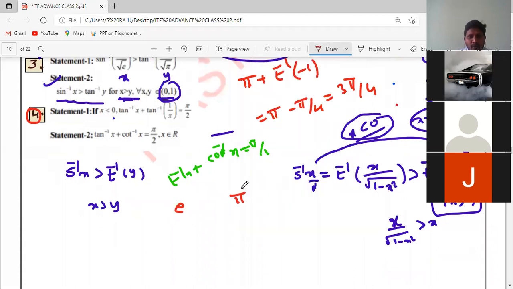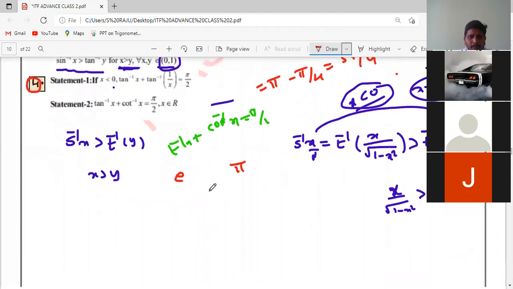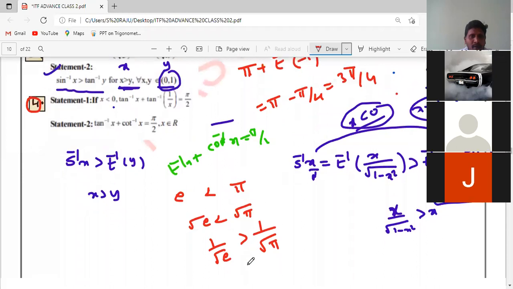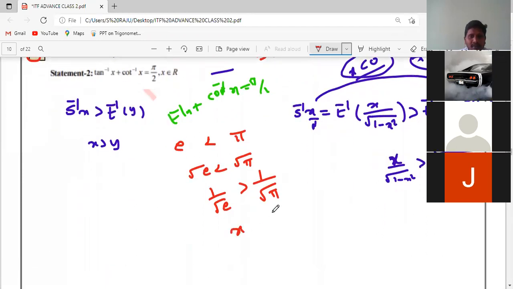What is the higher value, e or pi? e is less than pi, am I right? Pi is 3.14 and e is 2.71 something. So root e is less than root pi, so 1 by root e is greater than 1 by root pi. Is it clear? Yes or no? Then this is x clearly, this is y.